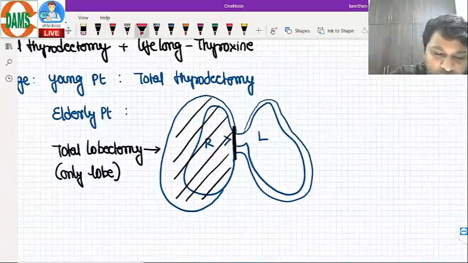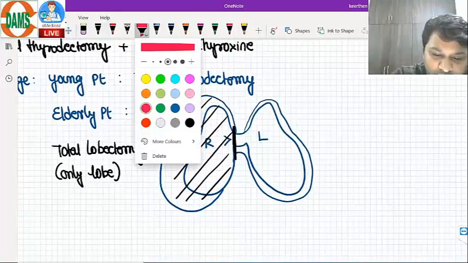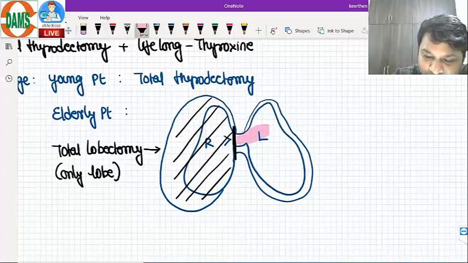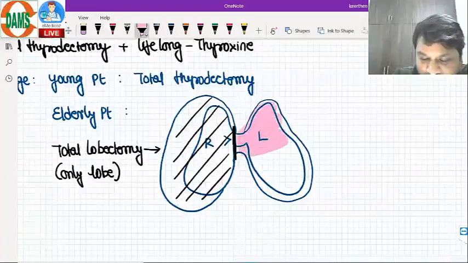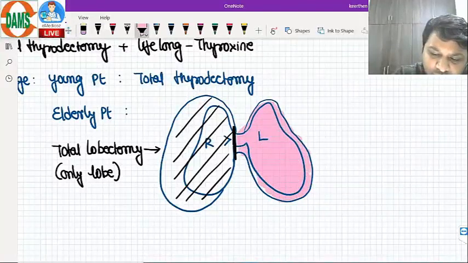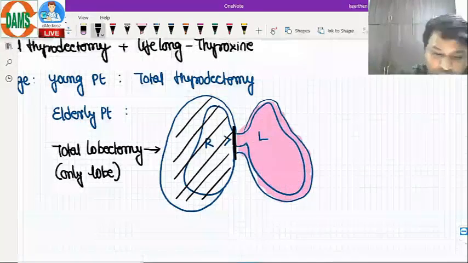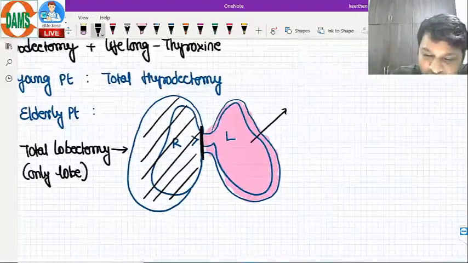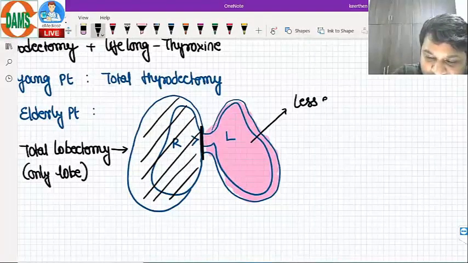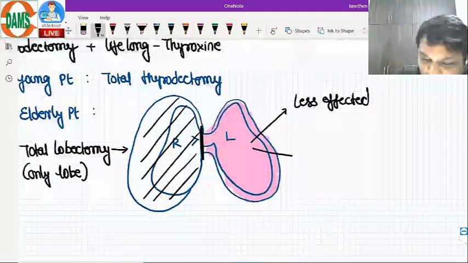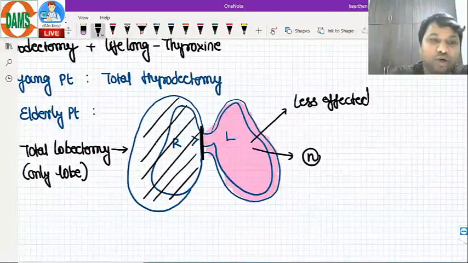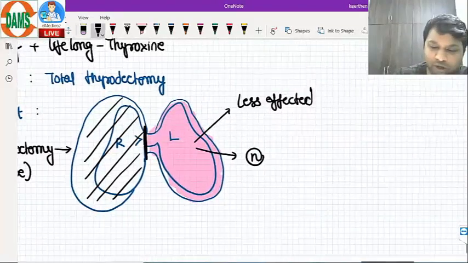Now, what would you like to do for the contralateral side? The side which is less affected, or not affected, what would you like to do? So I have two scenarios. One, it is less affected. Another one is normal. The other lobe is either less affected or normal.